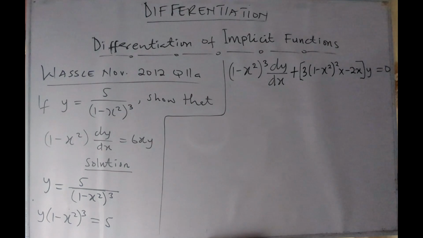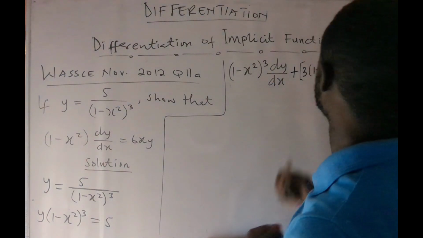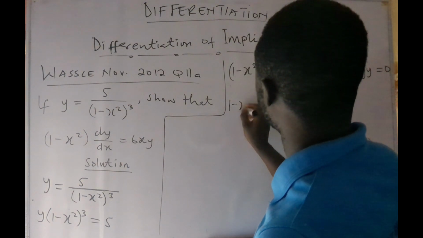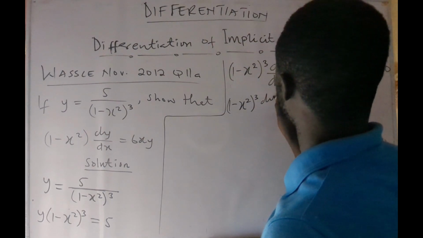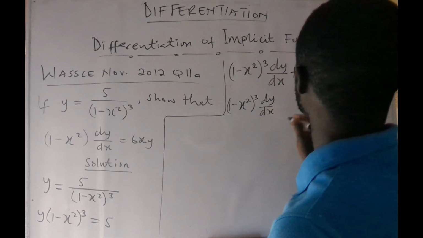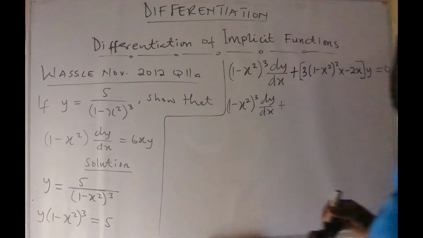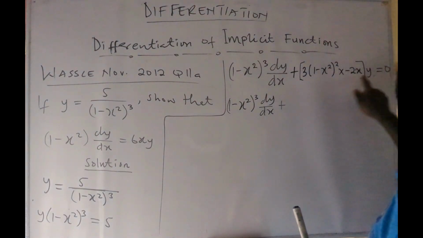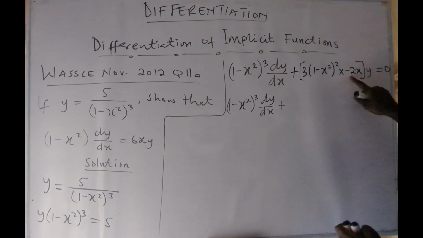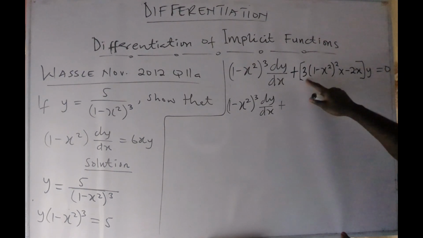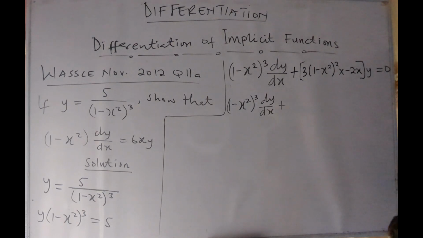Okay. So let's continue. So we have (1 minus x squared) all to the exponent of 3 dy on dx, plus, so minus 2x will multiply y and also multiply the 3. So 3 times minus 2x will give us what?